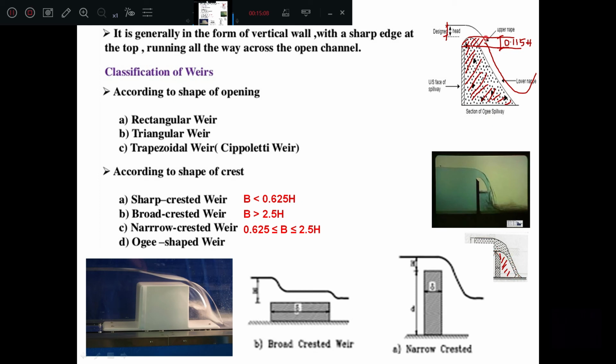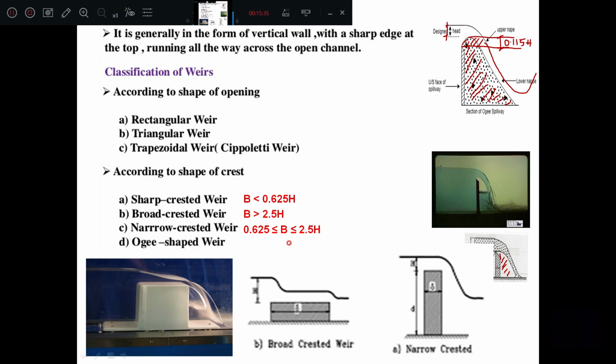But here, the nappe coming down will be along the surface of the weir. So this type of weir is called an ogee shaped weir. I hope you understood this classification of weirs.